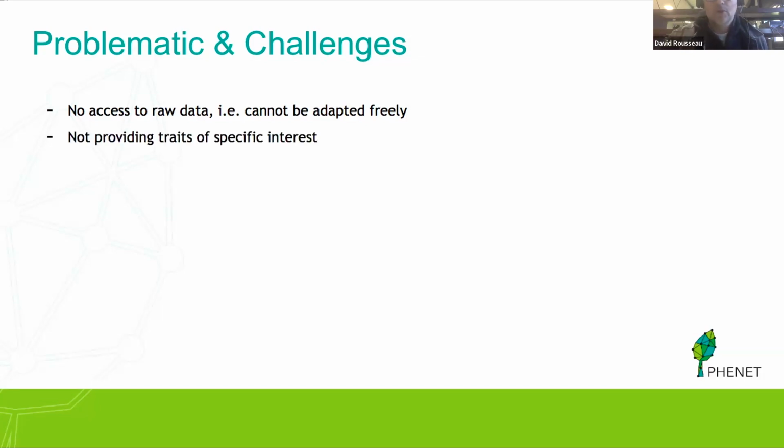Another common limitation is that the traits which are delivered by the company may not correspond to the specific interest we have here, especially if you include colleagues interested in plant variety testing. We have specific standards here, or if you move to agroecological systems, which differ from the traits which are usually measured in conventional agriculture.